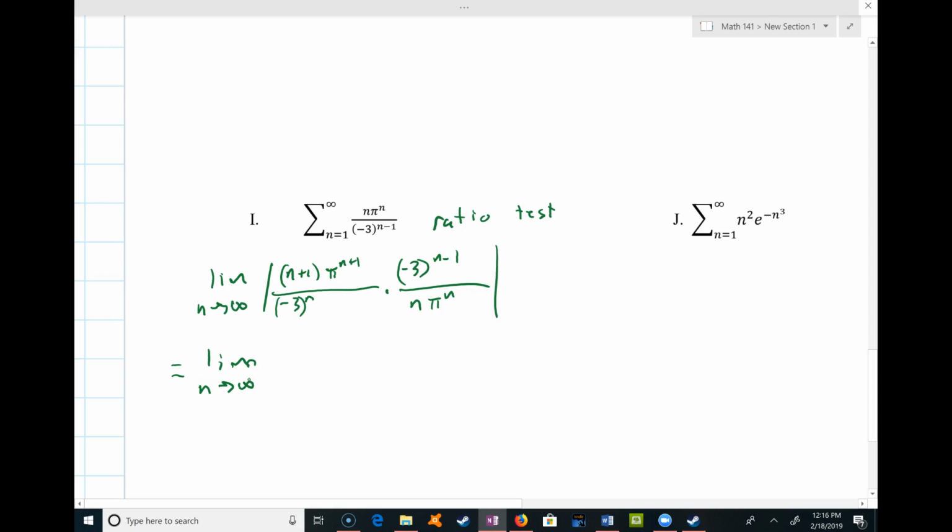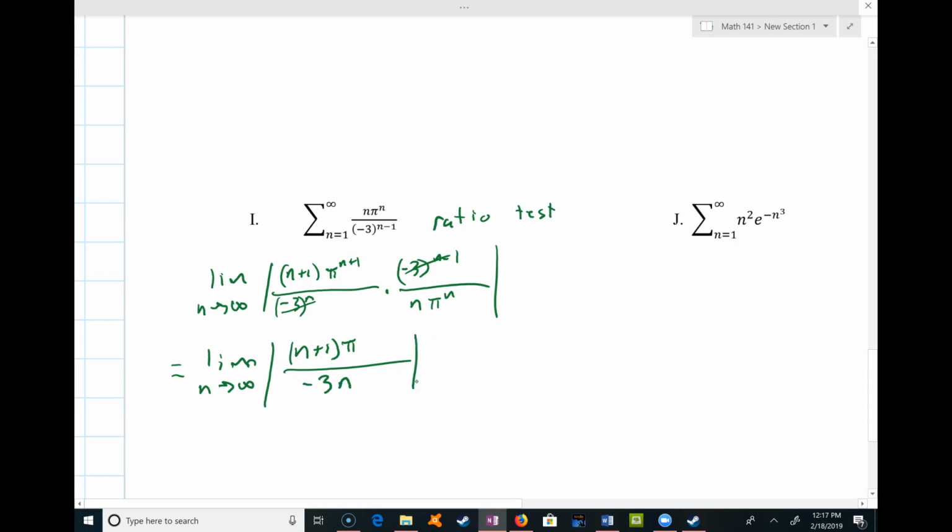Okay. So the pi to the n and the pi to the n plus 1 would cancel out, leaving just pi on top. And the n plus 1, of course, doesn't cancel out with anything, so it's just going to be there. These cancel out, leaving just a -3 on the bottom, and there's an n on the bottom.